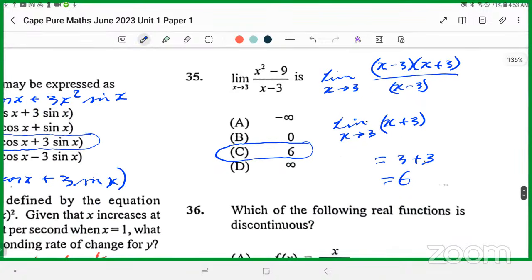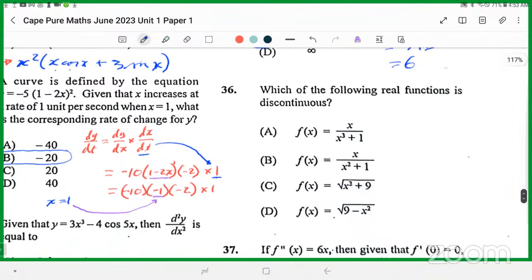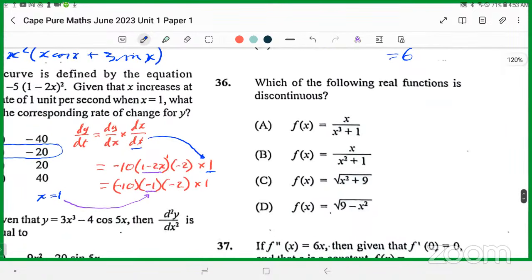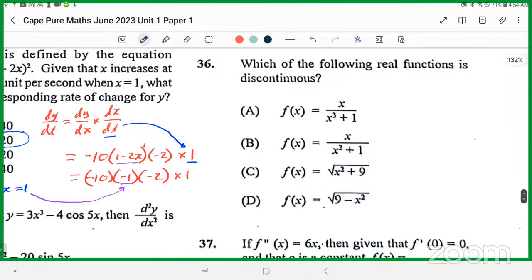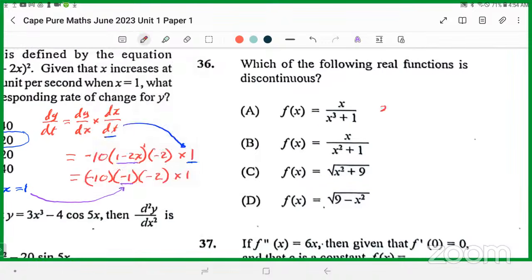All right, next one. Which of the following functions is discontinuous? The function that is discontinuous is the one where the denominator can be 0. If x equals -1, we get -1 over 0, which is undefined.